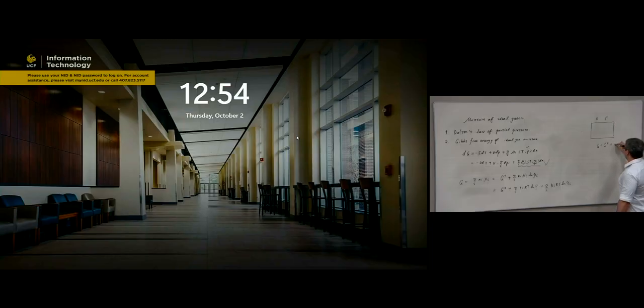Simply equals to nRT times log P. Correct? And of course you know this term. This basically is just the total molar number. So that means for the mixed gas, we have one extra term.